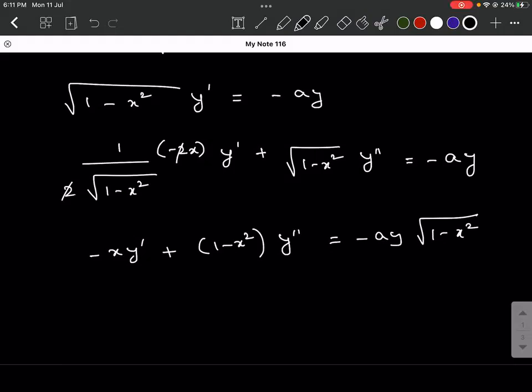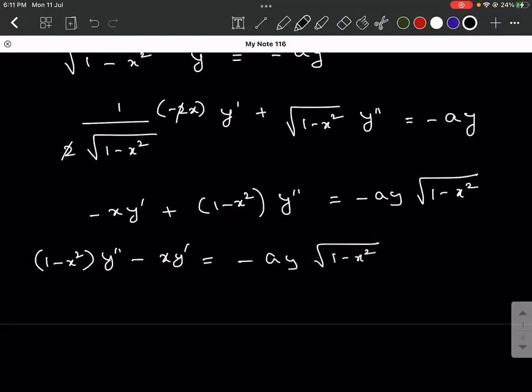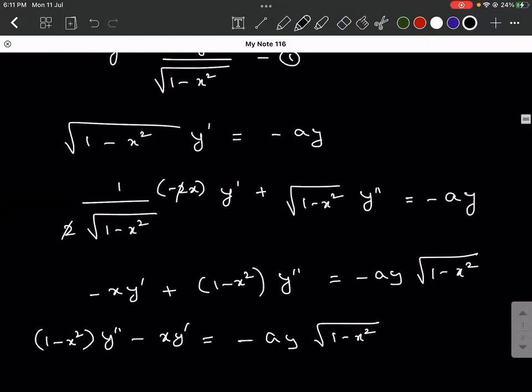So I think we almost got the answer. So 1 minus x square into y double dash minus xy dash is equal to minus ay into root of 1 minus x square. So how to prove that?